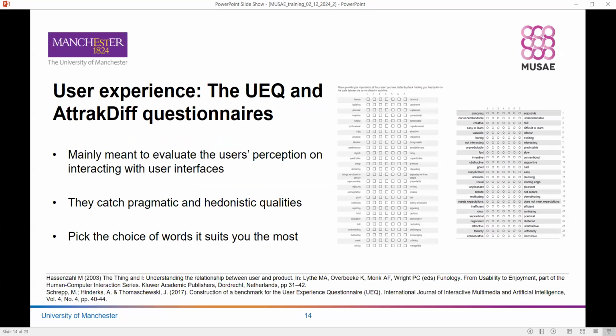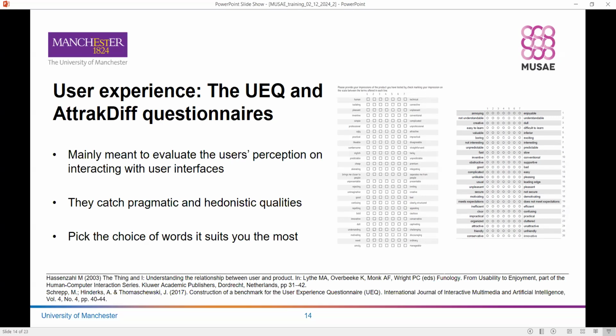Then, if you want to measure the user experience, and this is something that highly relates to experience with user interfaces, you can also use these other two questionnaires, the User Experience Questionnaire and the AttrakDiff questionnaire, which are Likert scales that have opposite adjectives at the two ends of each scale.